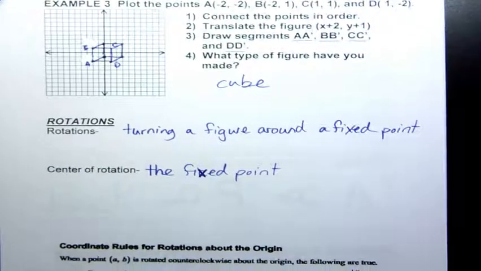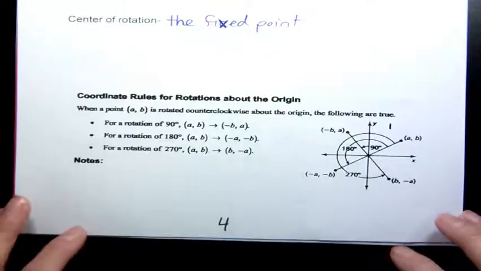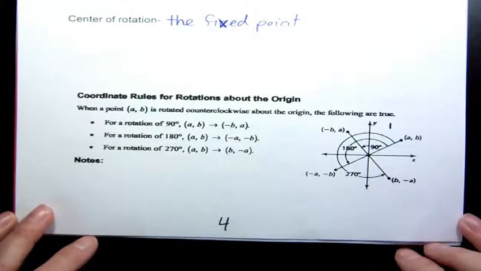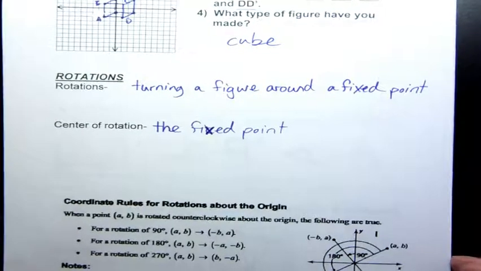Okay, so this is your little cheat sheet for rotations, and it works really well for some people, and it really confuses other people. What was the definition? The center of rotation is the fixed point.